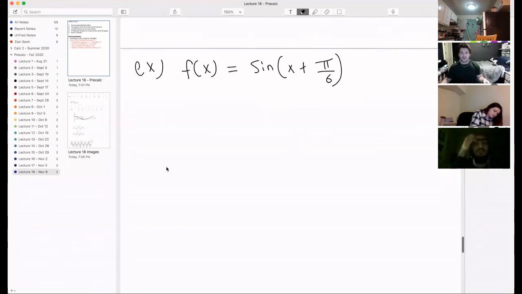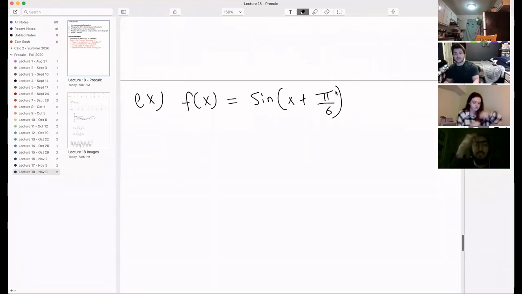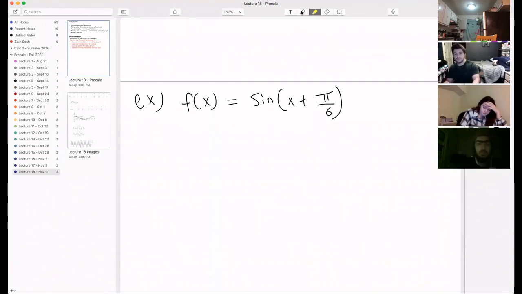Okay, sorry about that. All this one is sine of x plus pi over 6. The only thing going on here is that we have a horizontal shift of pi over 6 units.